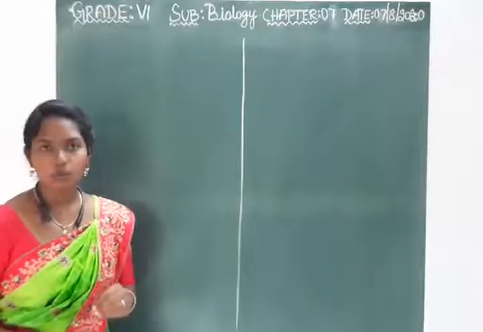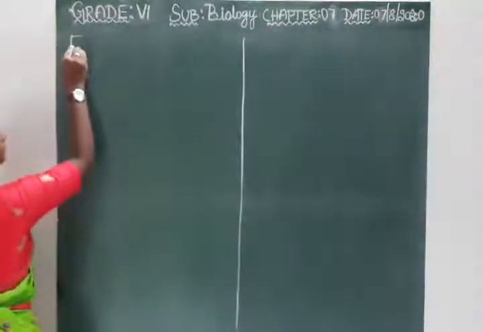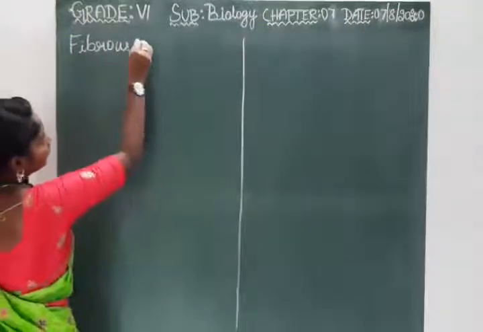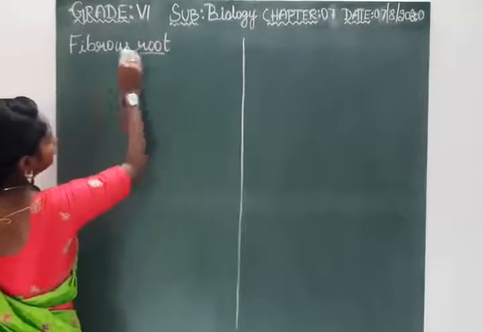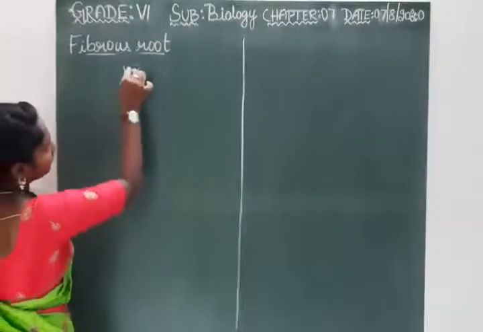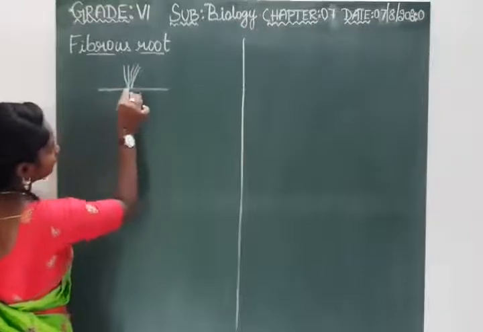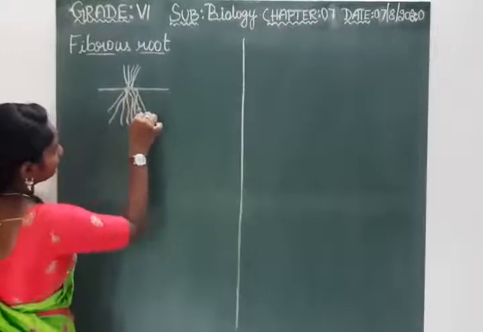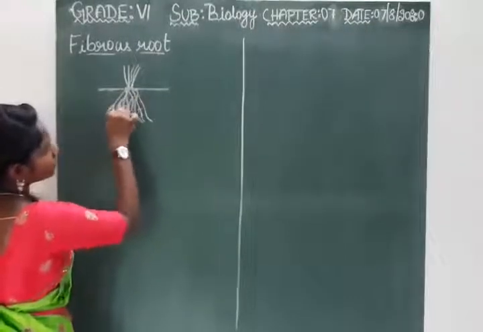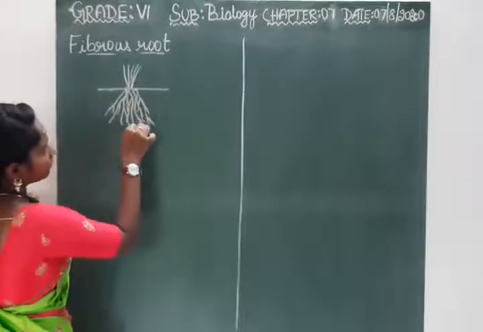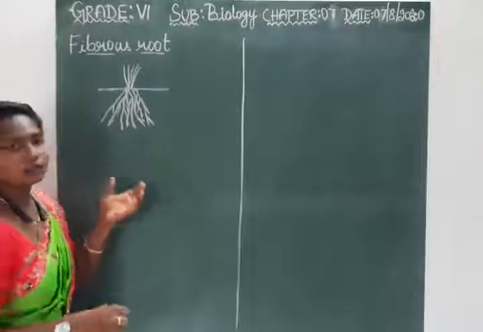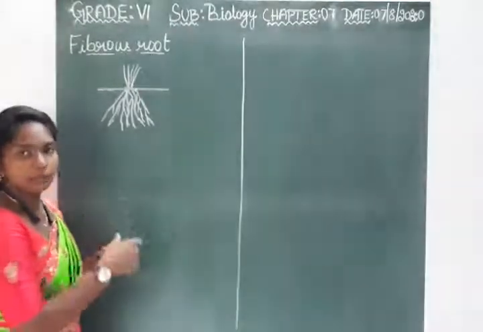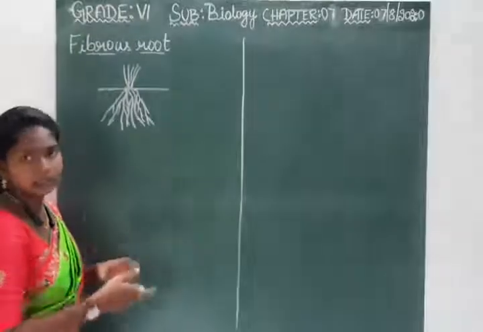This is the next type of the root. It is the fibrous root. So this is the fibrous root, and here you can see it is present in a bunch, and here we won't have any roots like primary roots or lateral roots as we learned in the taproot system.